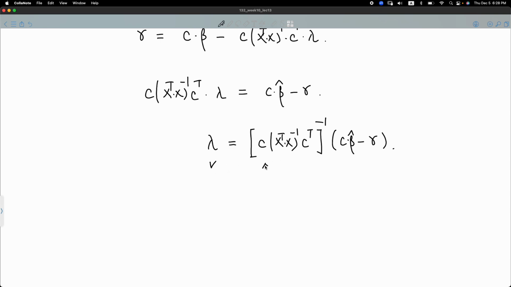So the c is coming from a constraint, the x is coming from your data, and the beta is also a function of your x and y. So you are able to calculate it, and the gamma is also coming from a constraint. So everything on the right hand side can give you a solution, so nothing on the right hand side is unknown anymore.